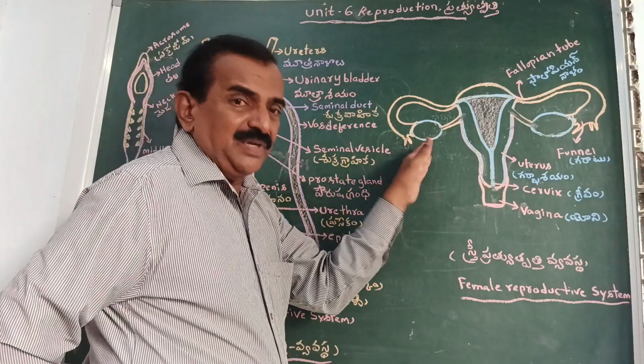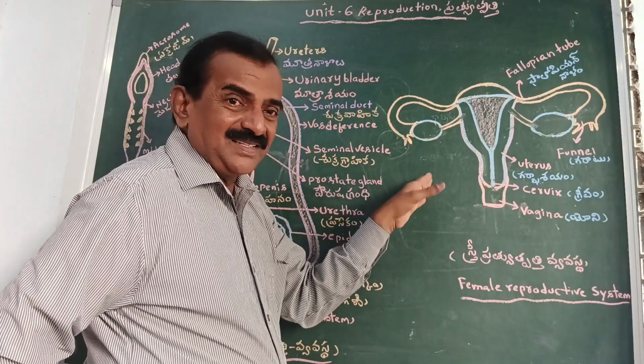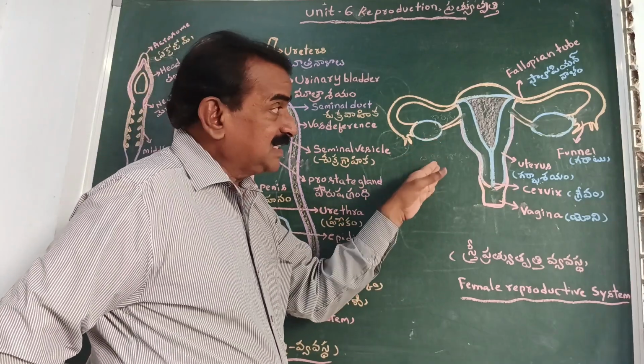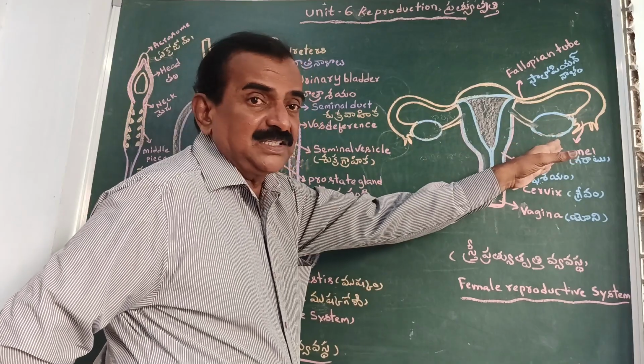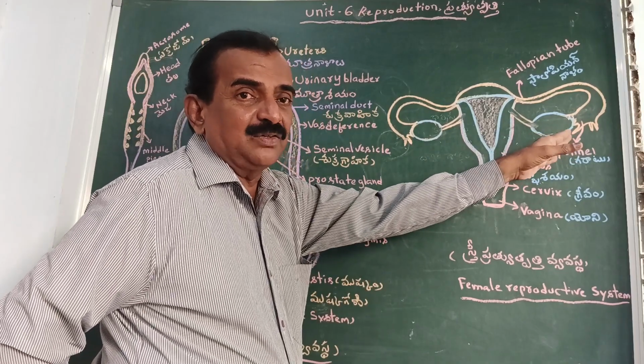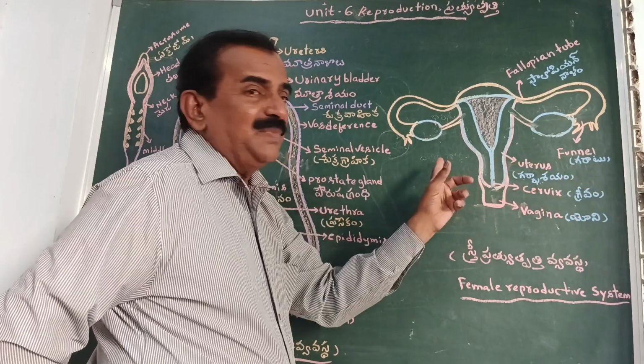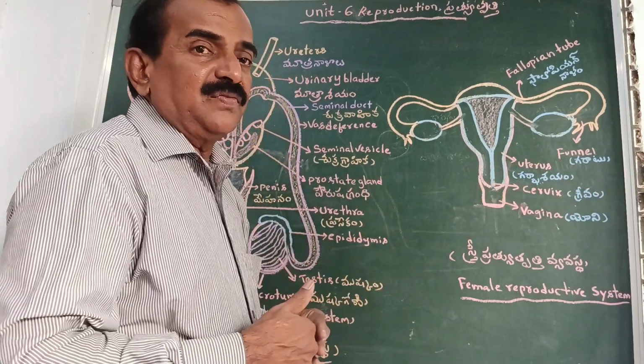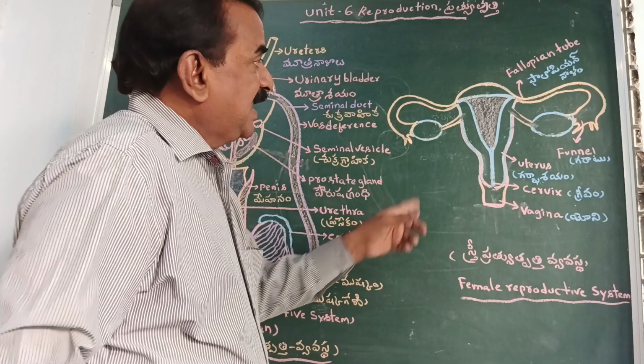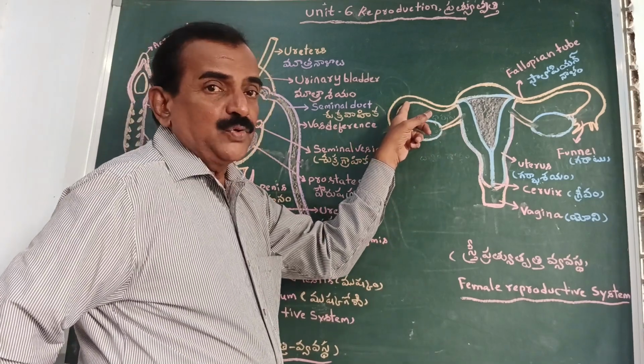So if in this month an ovum is released from this side, then in the second month this ovary is active and it releases the ovum. It alternates between the two ovaries. Like that, in females ovulation takes place, and the ovum enters the fallopian tube.